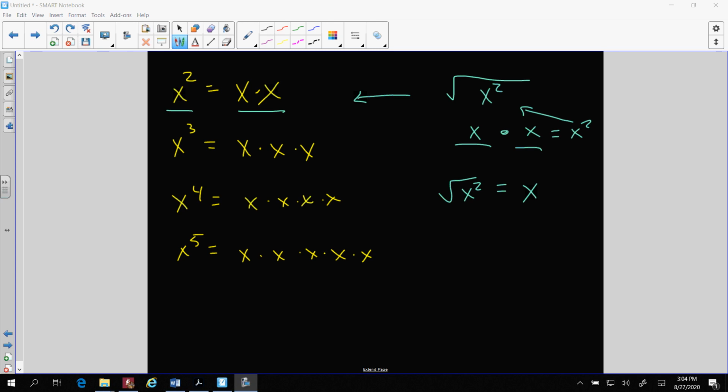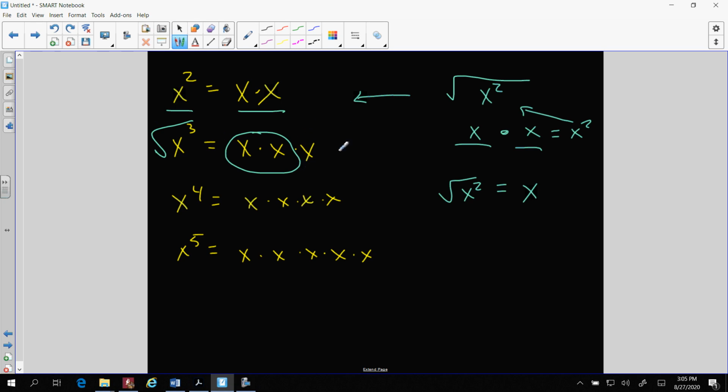Let that sink in for just a second. Because what I want to start bringing up is when I start taking square roots of variables, do not make it very difficult, but I'm looking for pairs. When I'm taking the square root of x cubed, I need to find a pair.